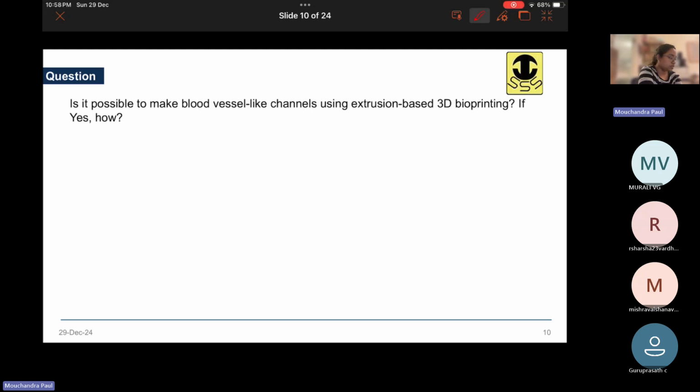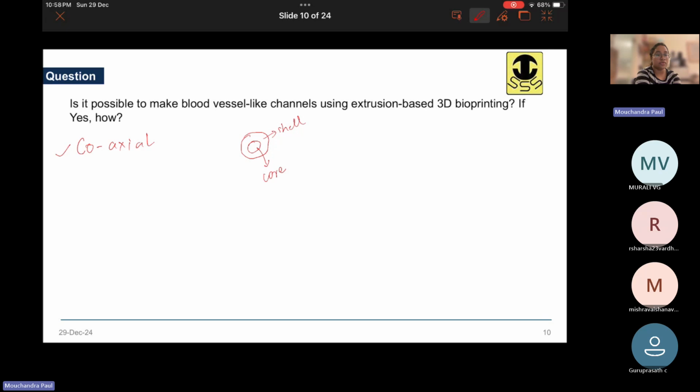So yes, you can use coaxial bioprinting. In coaxial bioprinting, we use coaxial needles, which are concentric like this. This is called the shell and this is the core. You need to make a blood vessel-like channel, which is basically hollow inside.